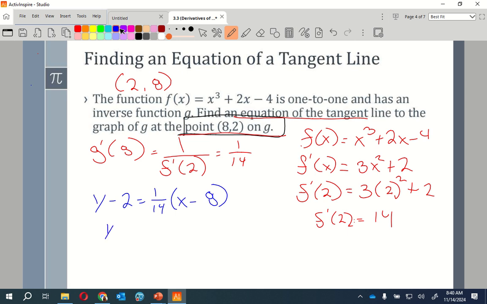I get y equals 1 over 14 x minus 8 over 14 plus 28 over 14.